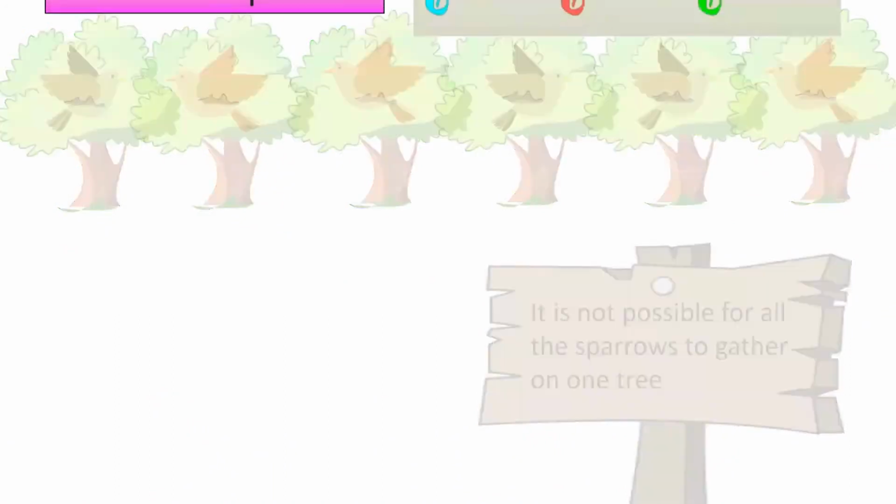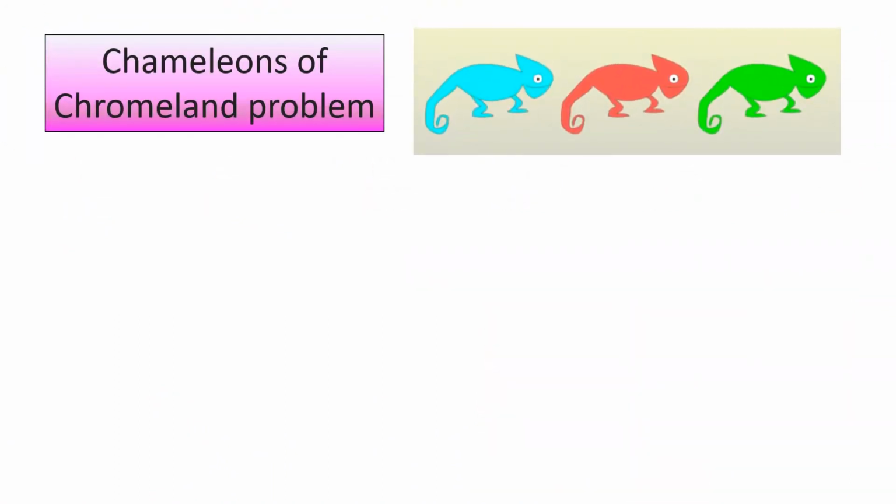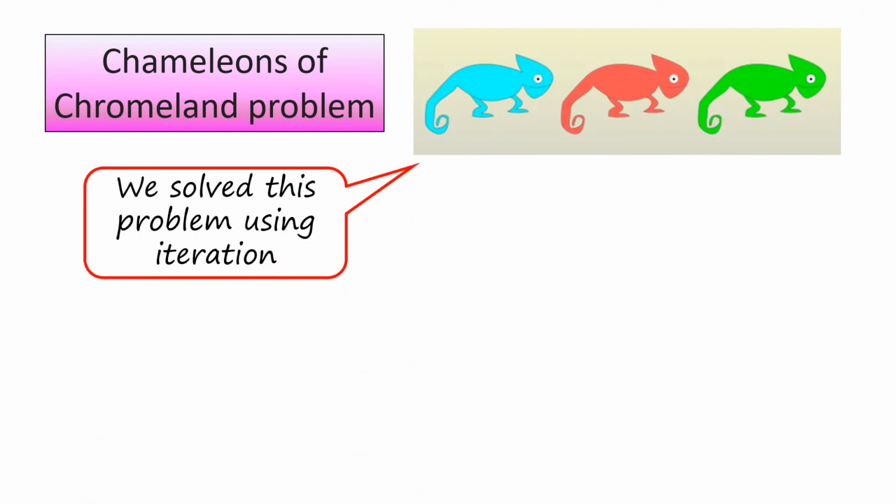Next, I will take up the chameleons of Cronbland problem once again. We solved this problem using iteration. When equal number of blue and red chameleons meet, they change to green color.